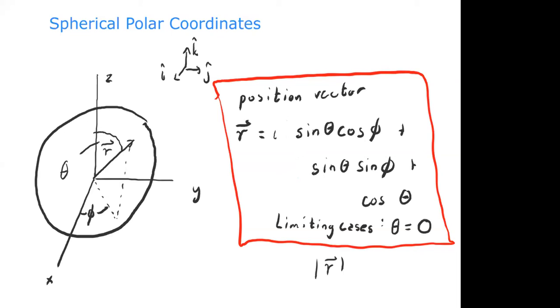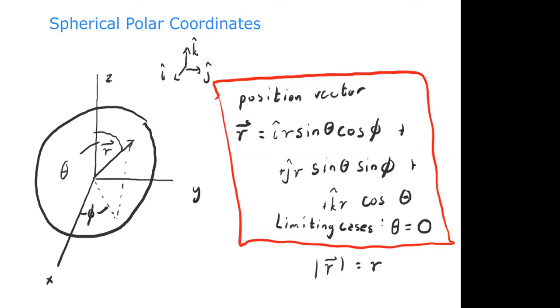For the student with the sharp eye, this is a position vector, so I'm missing the magnitude of the vector, r. If I didn't have the r's there, then that would be a unit vector. One of the things you should prove is that if you take this position vector and dot it into itself and take the square root, you in fact get r. So that's another nice example of a limiting case.